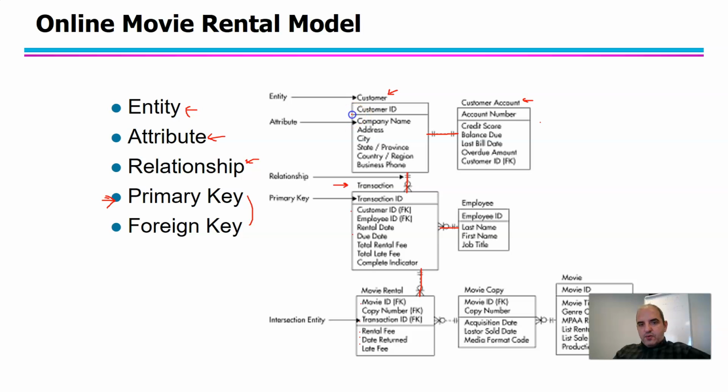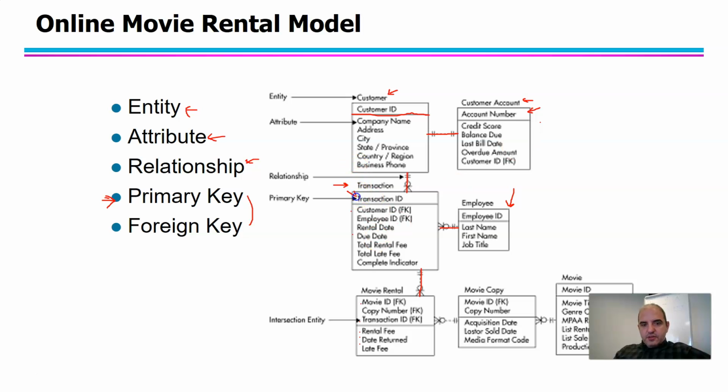So there's always a line in the box, and over the line we mention the primary key. So when you take a look at, for example, the employee table, you can see that employee ID is its primary key. Account number over here is its primary key.